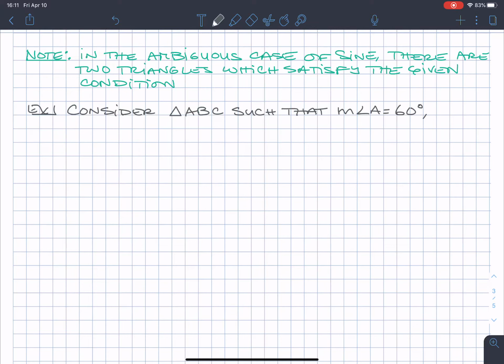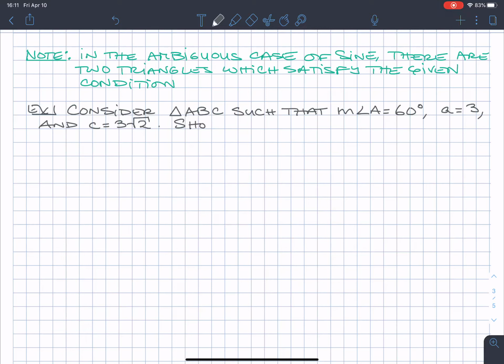The length of side A is 3, and the length of side C is 3 times the square root of 2. So show that there are two possible triangles which satisfy these conditions.